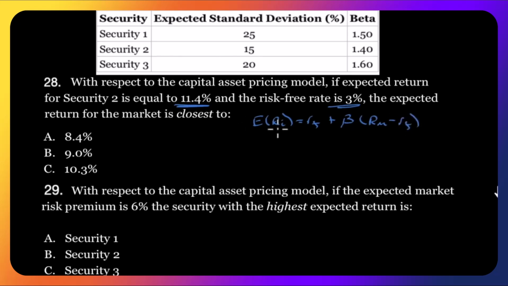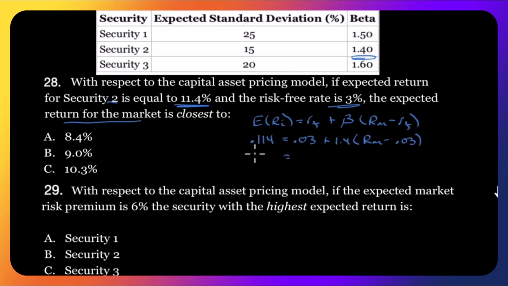We are given the expected return on this asset is 11.4%, is equal to 0.03, which is the risk-free rate, plus security 2's beta is 1.4 times the return on the market. We don't have it. We're being asked for what the expected return on the market is, so RM minus 0.03.